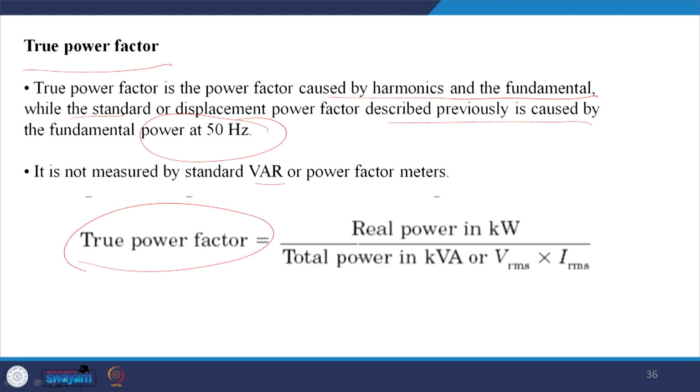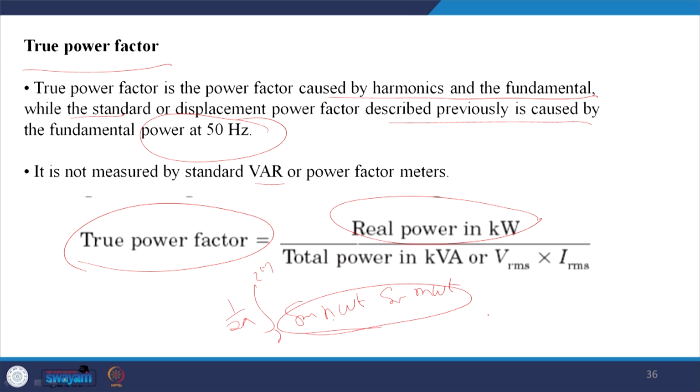For this reason, real power in kilowatt, that is something what you are consuming, because if you multiply sin n omega t into sin m omega t and integrate over 0 to 2 pi and then take the average over 2 pi, you can see that this power gives you 0. So, harmonic power, if you average it out, gives you a 0 value.